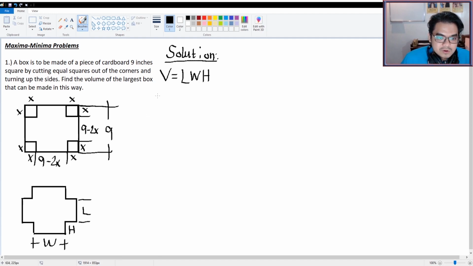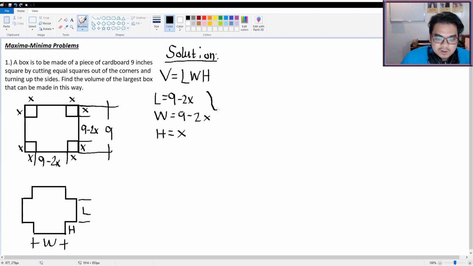From the figure, your length is 9 minus 2x, and your width will also be 9 minus 2x. Your height is this side, which is also x, since that is a square. Therefore, your height will be x.